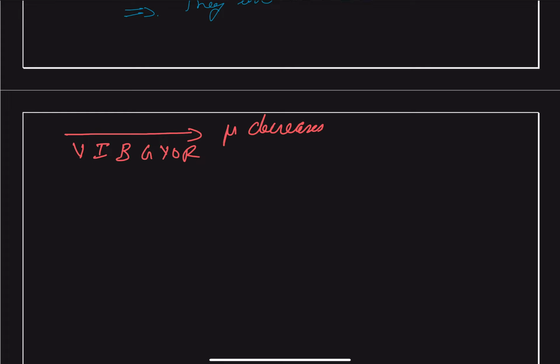And we know that the sine of the critical angle is equal to 1 upon mu. So therefore, as mu increases, C decreases.